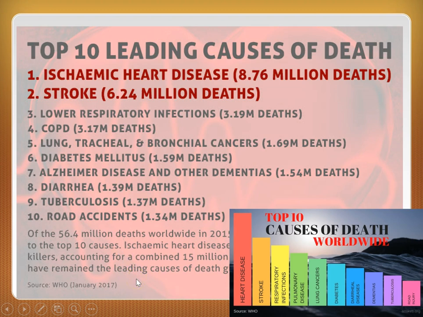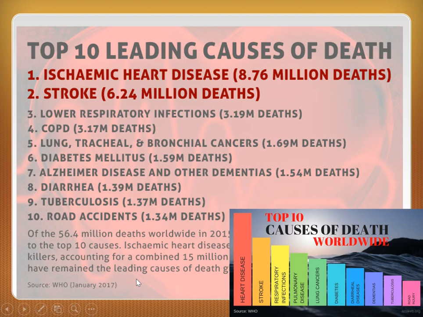So as we can see, the top 10 leading causes last year were still heart disease, stroke, respiratory infection, pulmonary disease, tracheal bronchus cancers, diabetes, Alzheimer's, diarrheal disease, tuberculosis, and road accidents. So pretty much the same as 10 years ago.